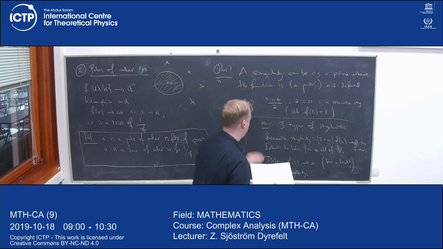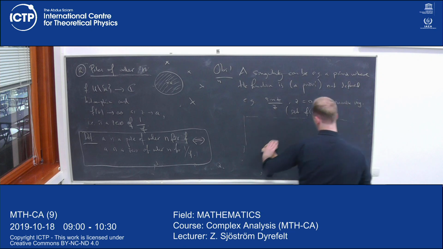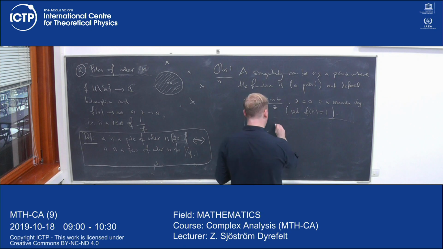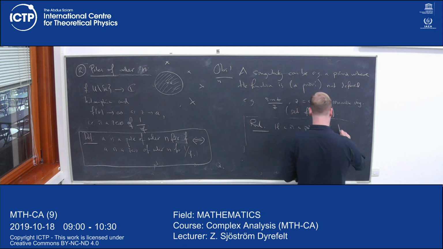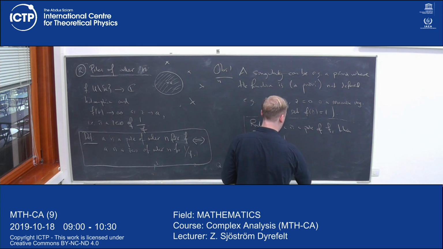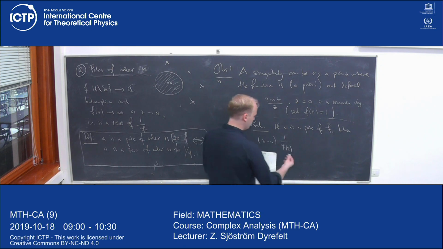Remark about this: if a is a pole of f, then in particular 1 over f of z already has a 0 at a.